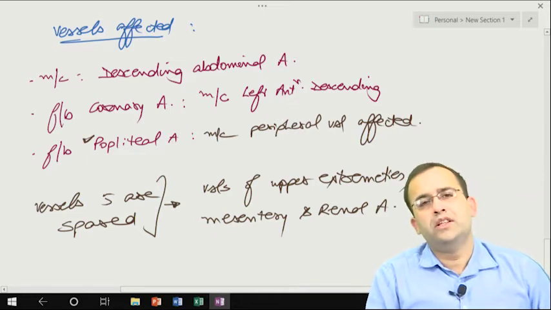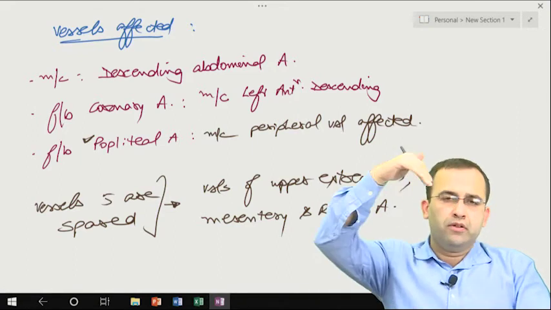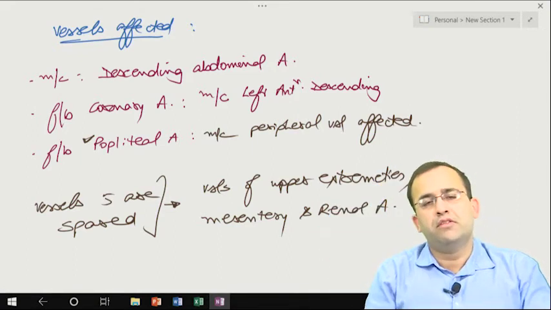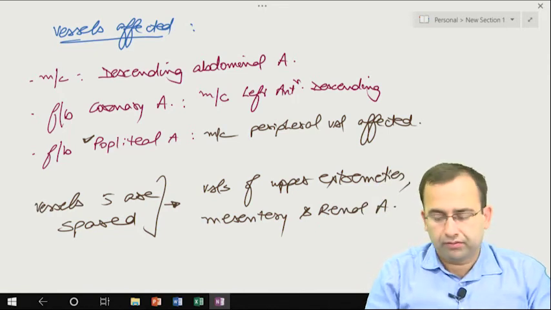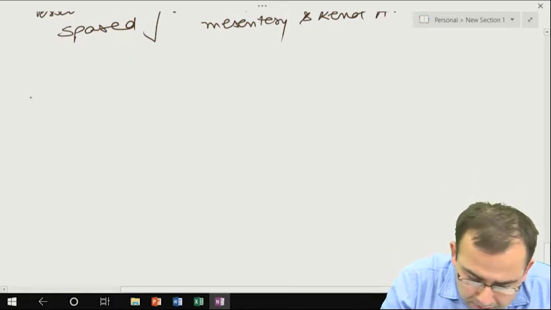So we have seen this table both ways, most common vessels affected versus the vessels which are spared. Next point, this gets us to morphology.